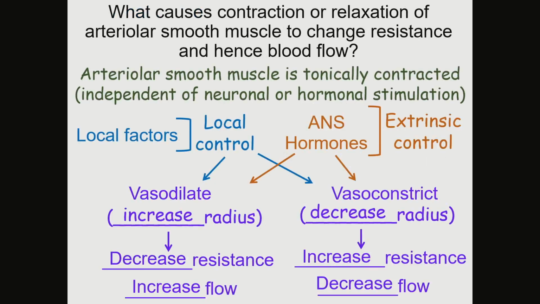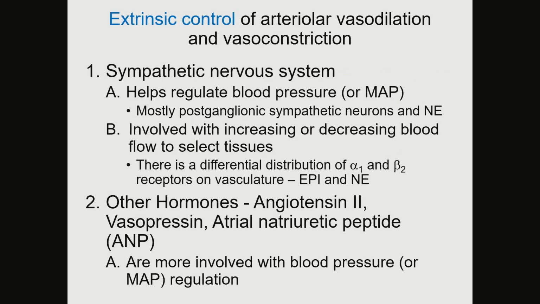Okay, now we're going to look at extrinsic control. That's our autonomic nervous system and hormones. And so when we're talking about blood vessels, we should be aware that it's only the sympathetic nervous system that we are referring to. Most blood vessels are not innervated by the parasympathetic nervous system, so we're only thinking about sympathetic, okay?